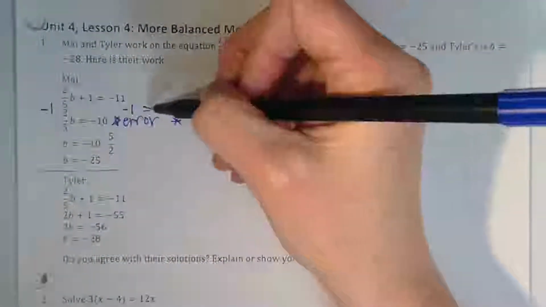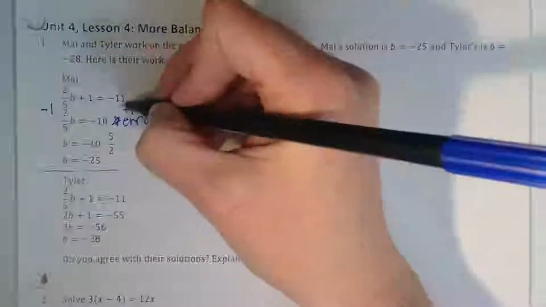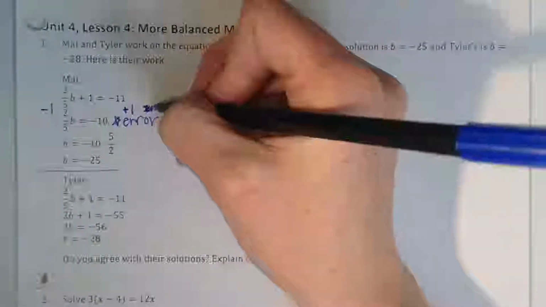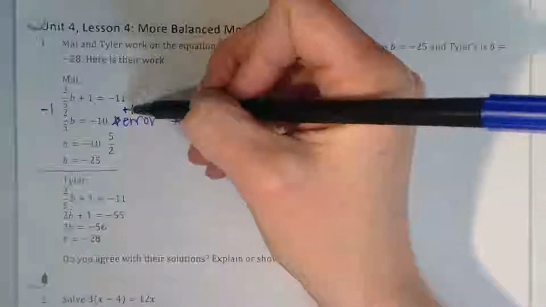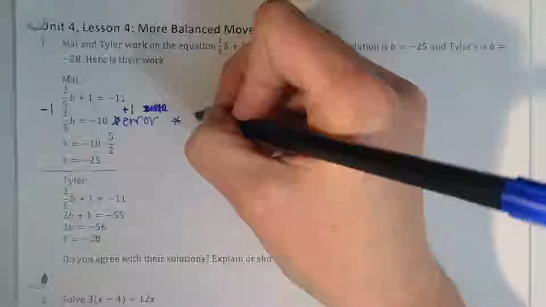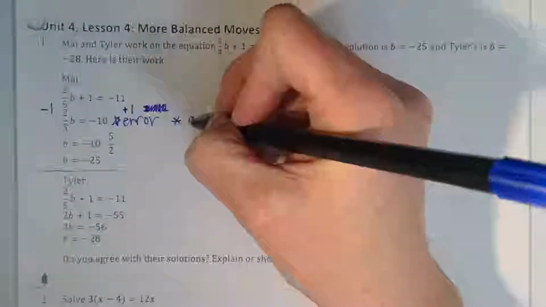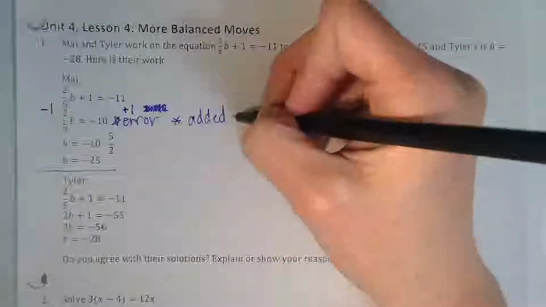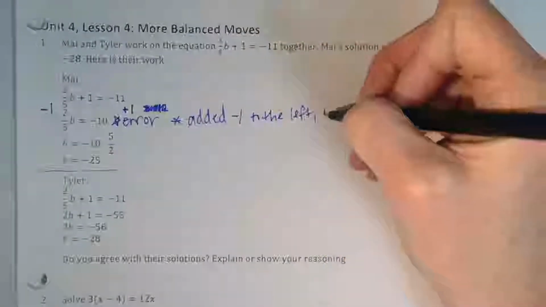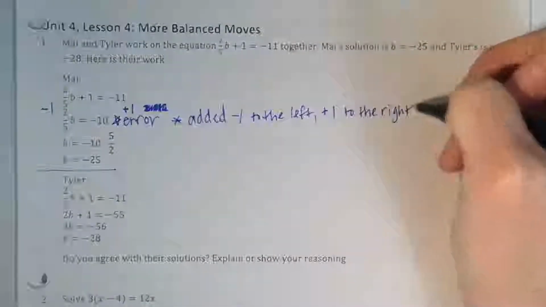So if we take a look and see what actually happened, to make negative 11 become negative 10, she actually added 1. Let's take this part out. She actually added 1 to the right-hand side. So she added negative 1 to the left, positive 1 to the right.